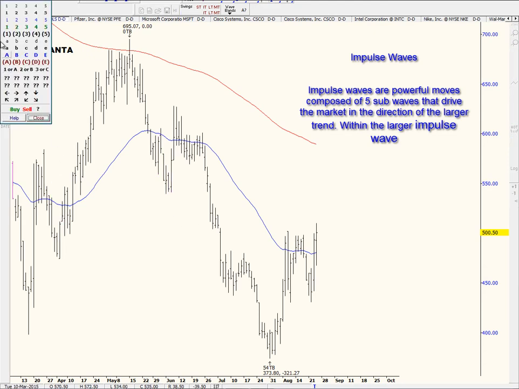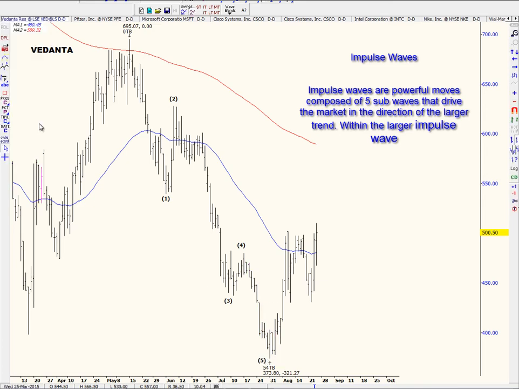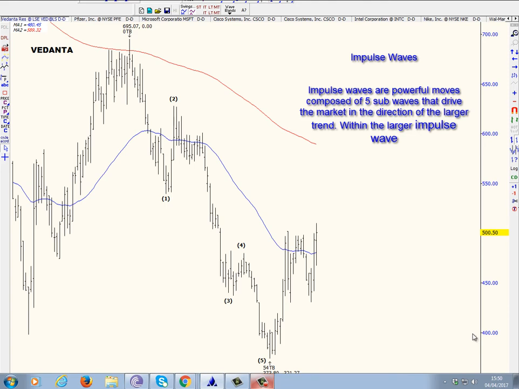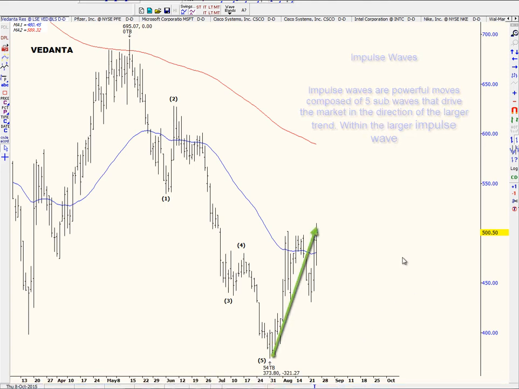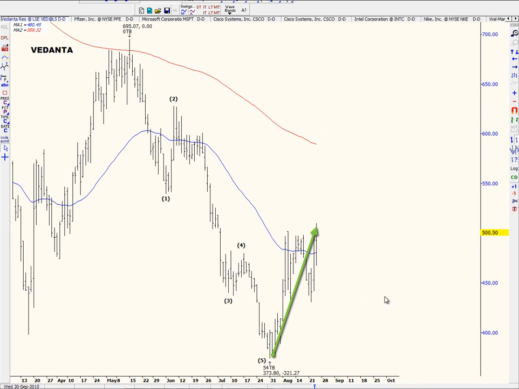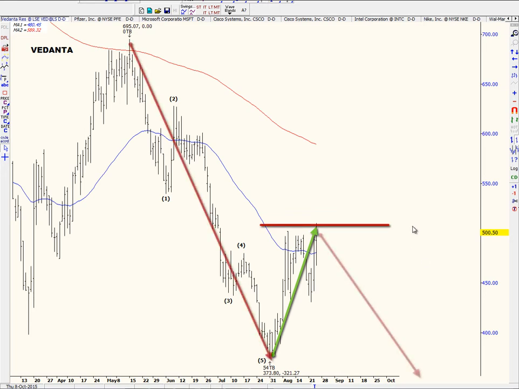So in this example, we have wave 1, wave 2, wave 3, wave 4, and we have wave 5. So we know that the trend in this case is over and we have a retracement which is beginning to unfold. So the key here is that we want to be able to call the end of this retracement and then join the dominant downtrend once the correction has terminated.